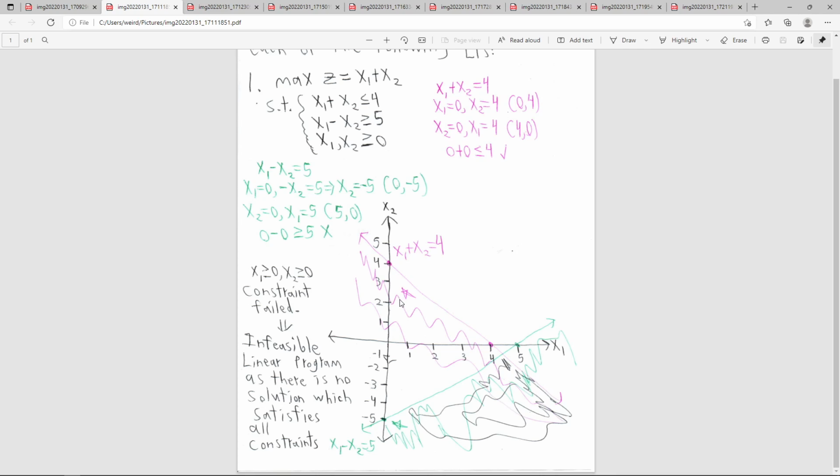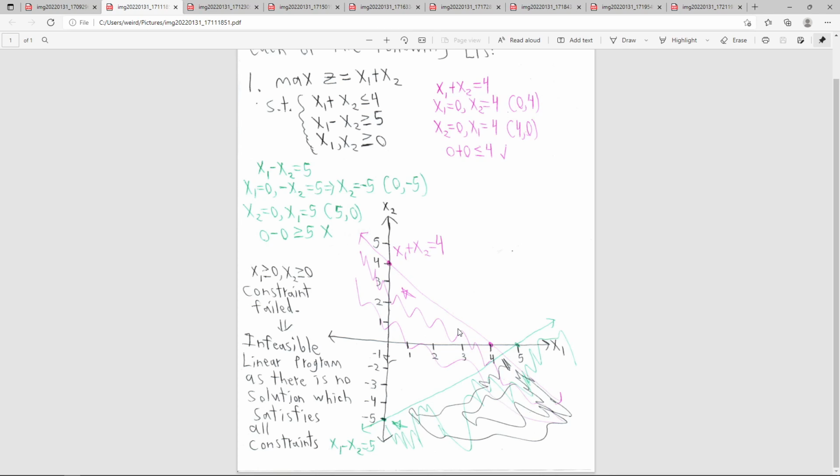The constraint requires both to be positive, and it fails because you need both of them to be positive. So it's an infeasible linear program, as there is no solution which satisfies all constraints. And that's a good way to briefly look at the infeasible idea of an LP.